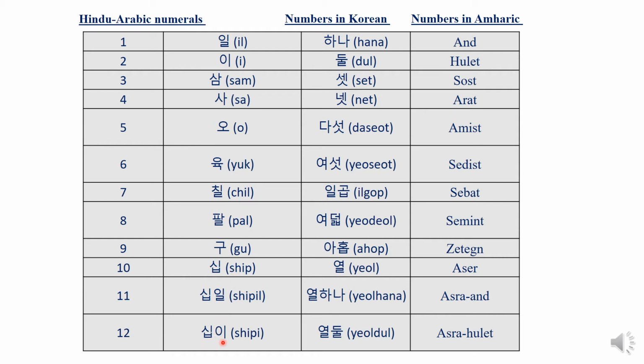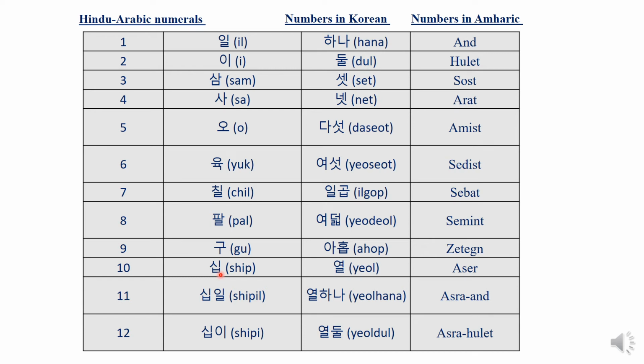For example, if you want to say 20, you have to just reverse it. First 2 and 10. So 2 is e here, e ship is 20. For example, if you want to say 30, first take 3, sam, and ship, which means 30.